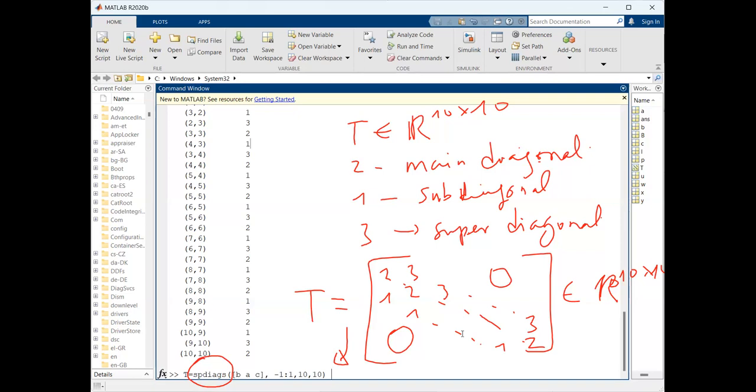The rest, we do not save them. Okay. Then we go back to our board.